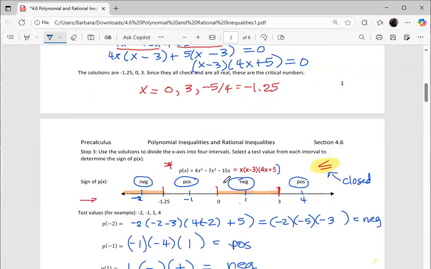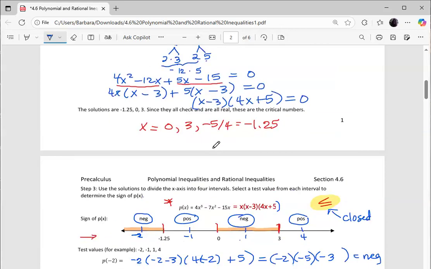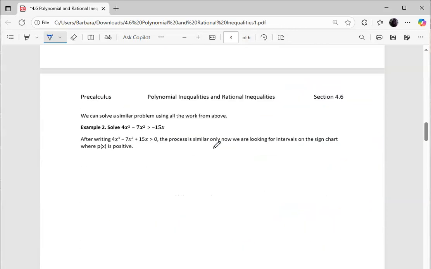So we can solve a similar problem to the one in number 1, where instead of using less than or equal to, I'm going to flip the sign. So in example 2, here's my question. I want to solve 4x to the third minus 7x squared is greater than -15x. So what we need to do is group everything to the left side.